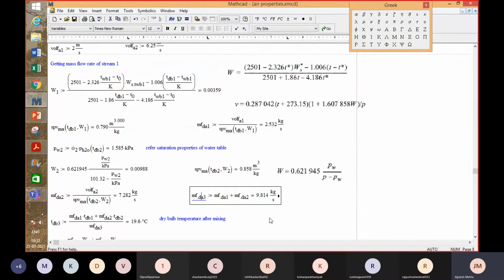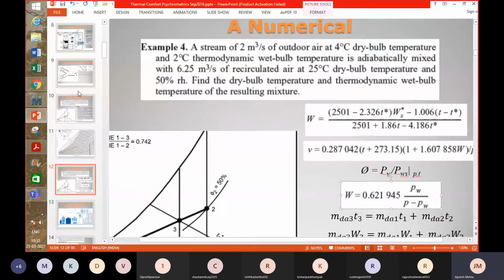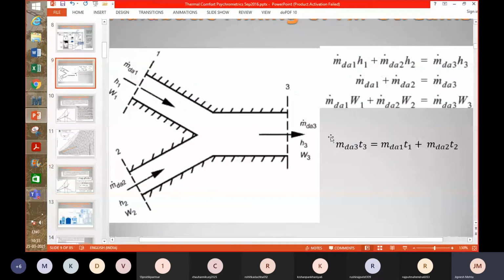So this is the mass balance, and you want to get the dry bulb temperature. How can you get it? You can use this formula. As I told you, point 3 is on the line joining point 1 and point 2. So even for temperature, you can write it like this: m dot dA3 into T3 is equal to m dot dA1 into T1 plus m dot dA2 into T2.